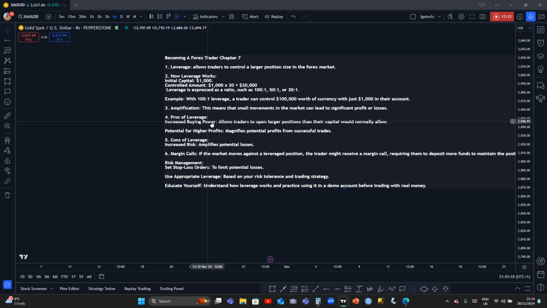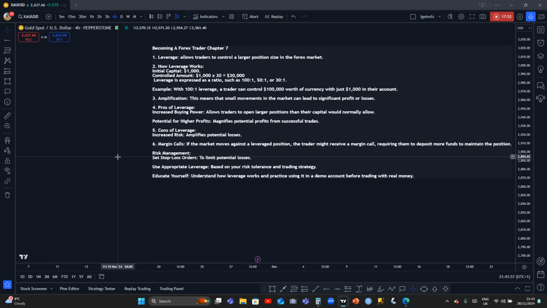So the pros of leverage, that is the advantage: it increases buying power. Leverage allows traders to open larger positions than their capital would normally allow. Because of leverage, you can go to the financial market and buy more than the amount that you deposited.